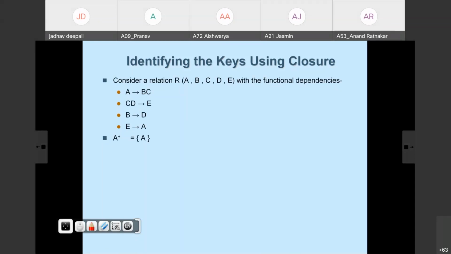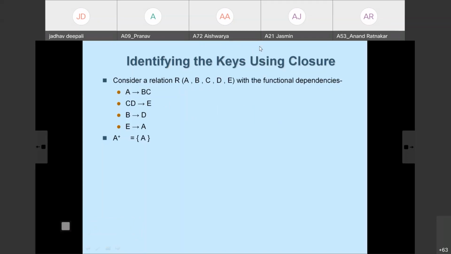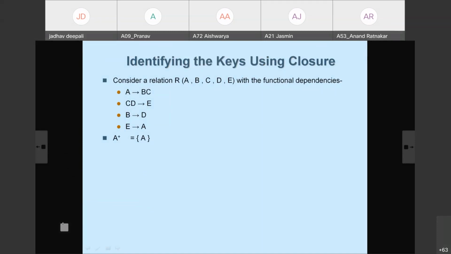There are 5 attributes A, B, C, D, E, and these 4 functional dependencies are given. So from this, first identify A closure. Now using the first functional dependency, A determines C.